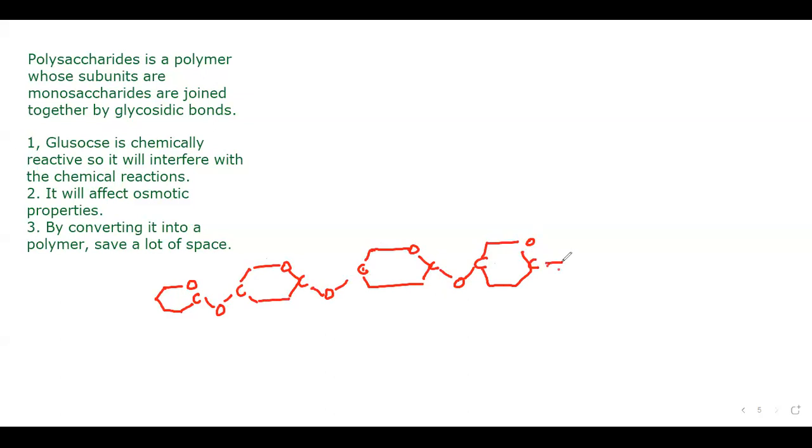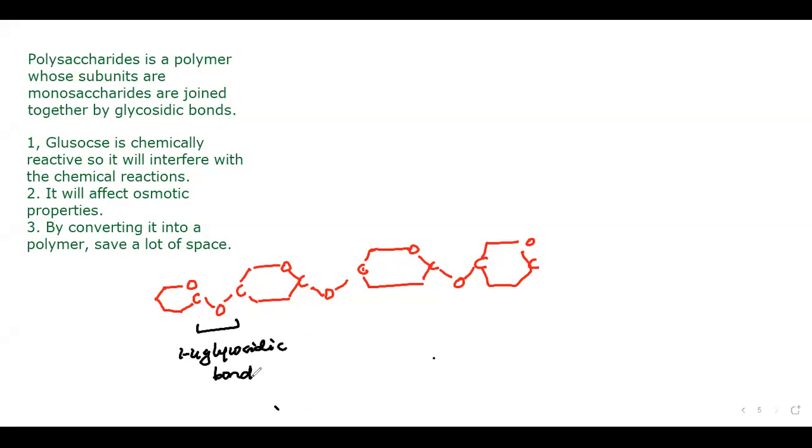So with the help of alpha 1,4 glycosidic bond, we are going to observe that we are getting one straight chain of our glucose, right? So we will see one straight chain of my carbohydrates.